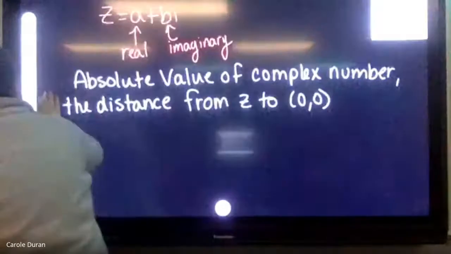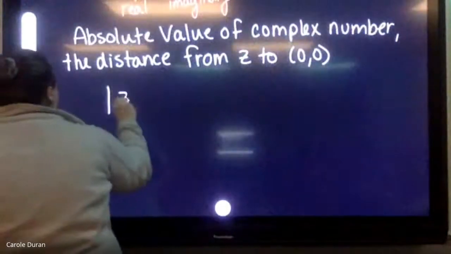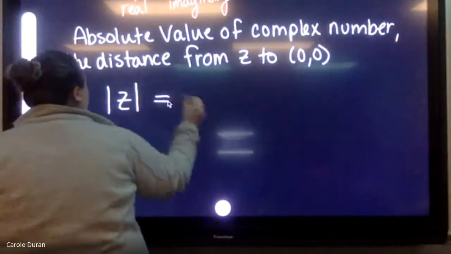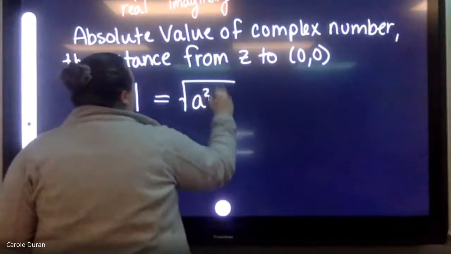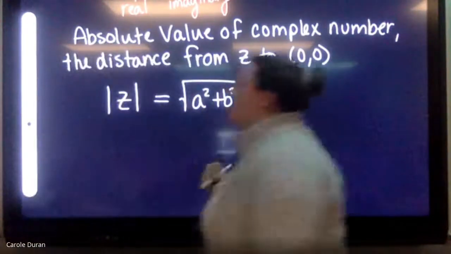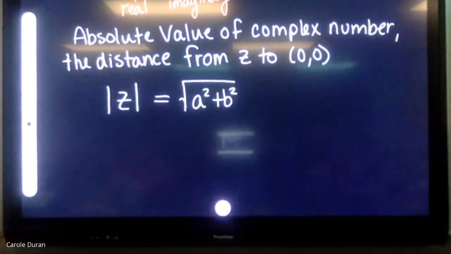We can find the absolute value of it by taking the square root of our real part squared plus our imaginary part squared. So it's still the distance formula, just like magnitude is, and it still represents a length or a measurement from the origin to that complex number on the graph.